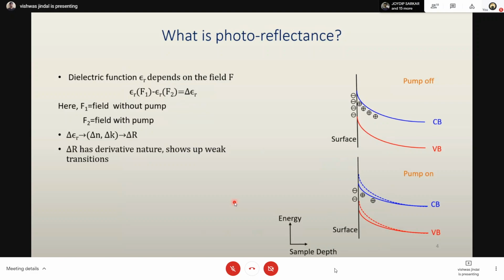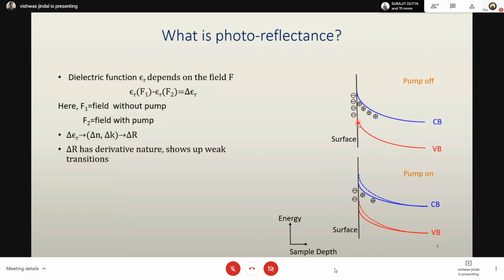So usually you find a slight bend in the bands. This is exaggerated here. This can also be due to dangling bonds at the surface, because your structure is not complete there. The bonds are not all satisfied, so there are some dangling bonds. So charges get trapped at the surface, and you have this because of this charge trap.